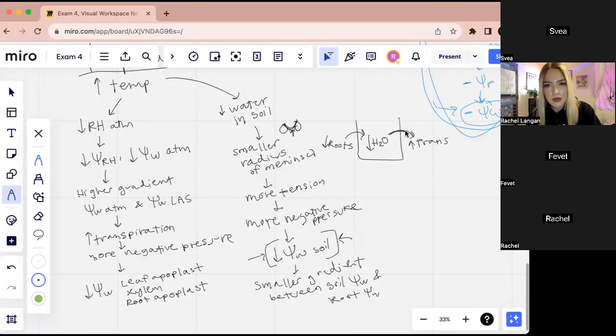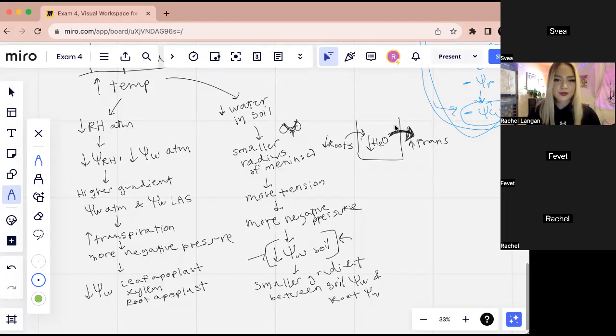If this becomes too big relative to the rate in, then that pull from the top can actually break that chain of water molecules. When it breaks the chain, it creates a little air bubble in the xylem known as cavitation.